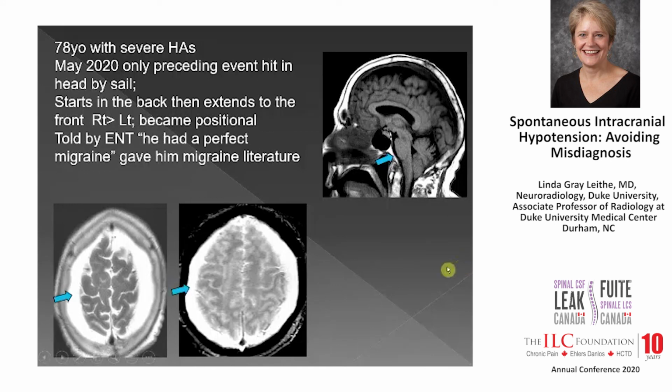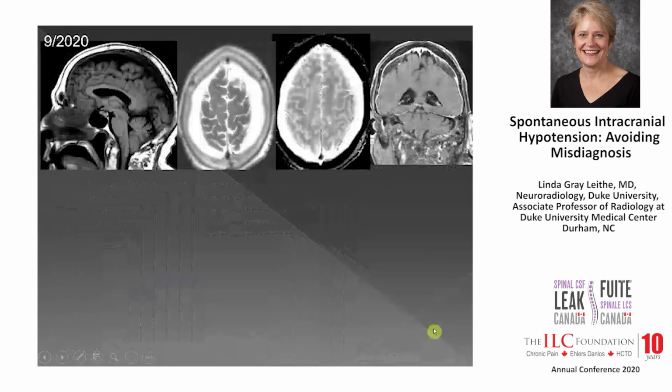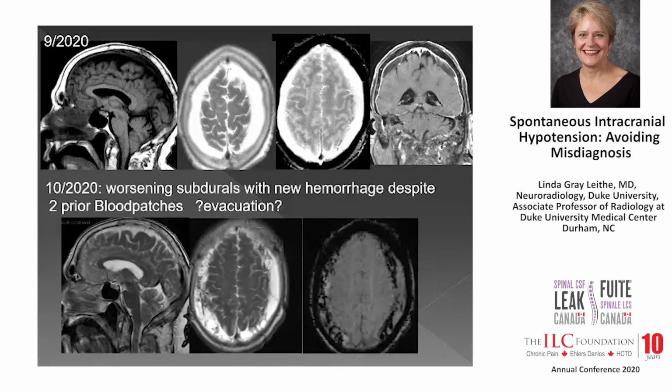So are these subdurals due to trauma? He was hit in the head by the sail. Well, we did a couple of myelograms, and we patched him, and he just was not really improving. As a matter of fact, after 2 blood patches, he developed more hemorrhage into the subdural effusions. And this is susceptibility-weighted imaging, or SWI, and this shows hemorrhage into these subdural effusions.